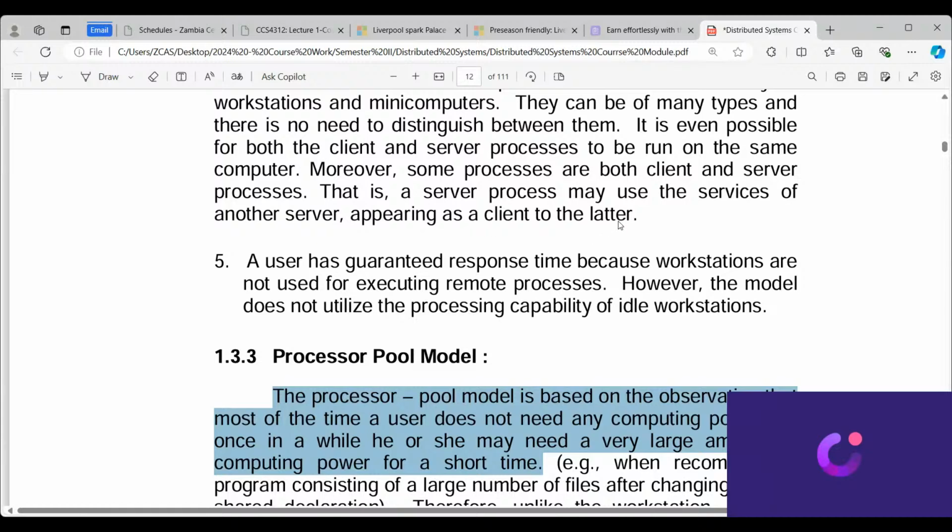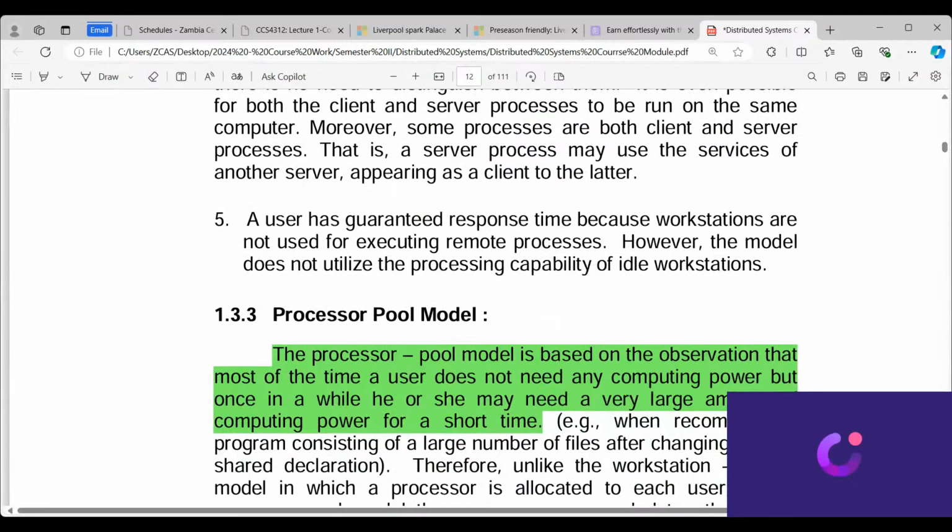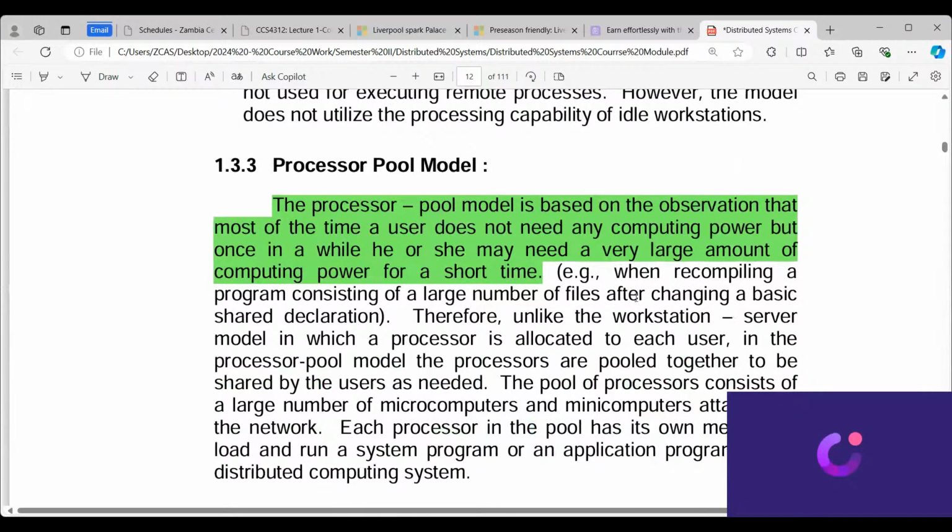It draws its strength in the fact that it's not every time that the user needs much processing power. But at least once in a while, the user requires the much needed processing power, e.g. when compiling a program consisting of a large number of files after changing a basic shared declaration.